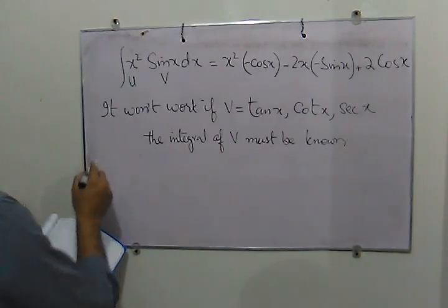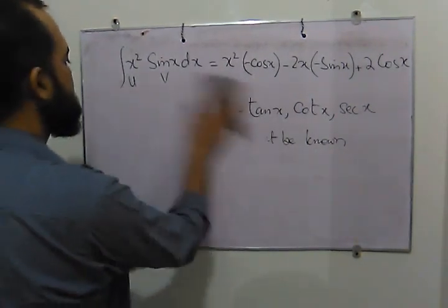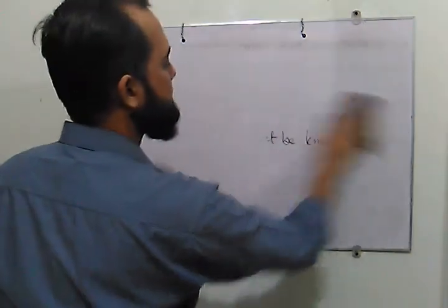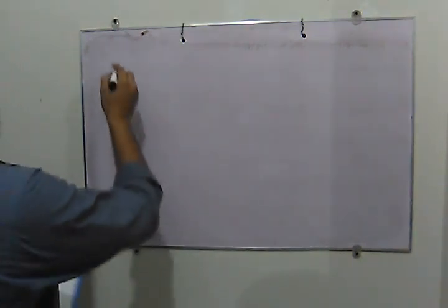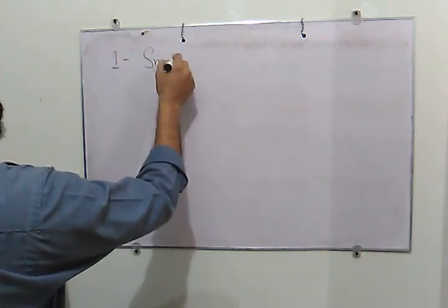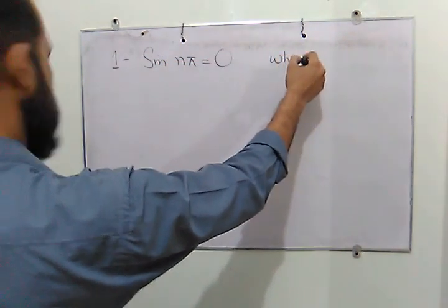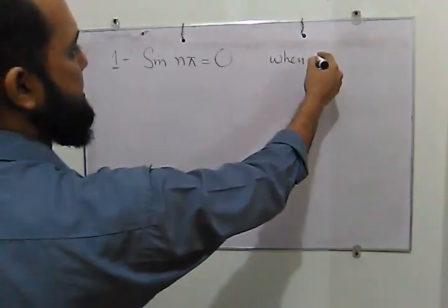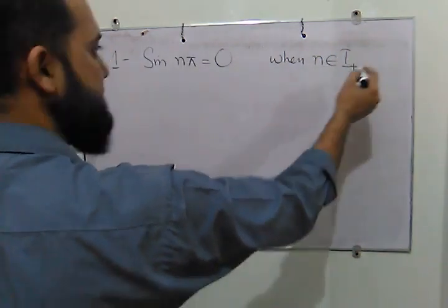Now we have some properties which we are going to put directly in our question. Number one is sin n pi is equal to 0 when n is a positive integer.